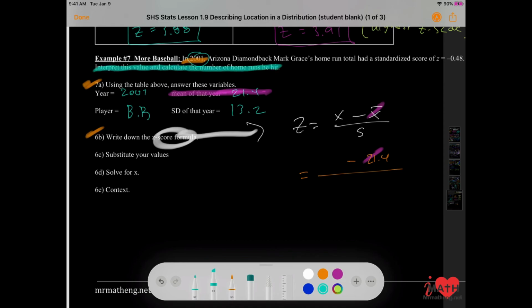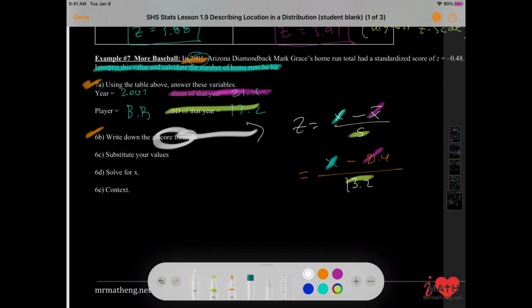So the number of home runs is going to be the x value, which we don't have. How about the standard deviation at that time? The standard deviation that year was 13.2.